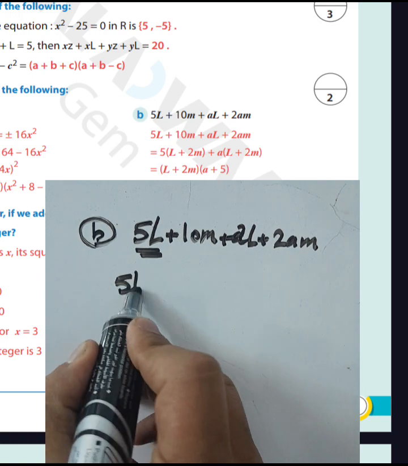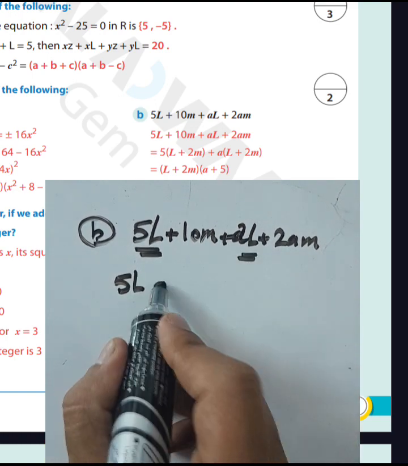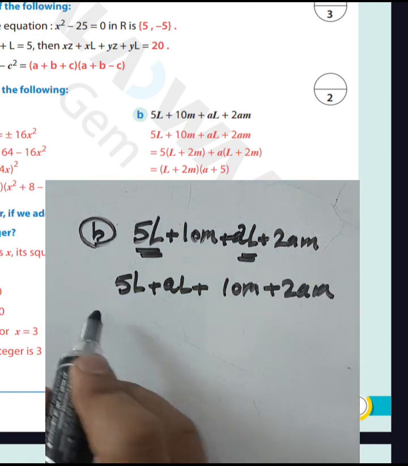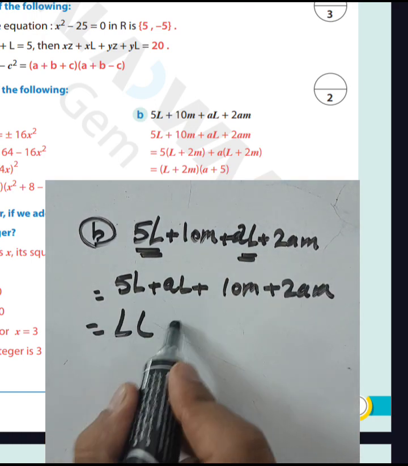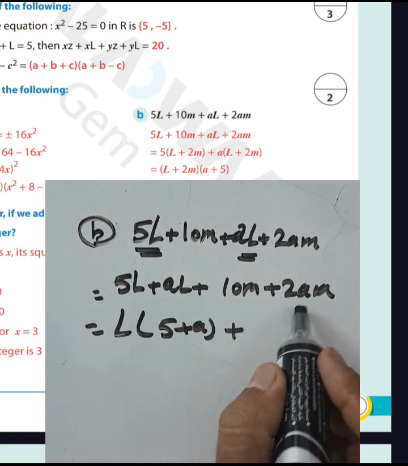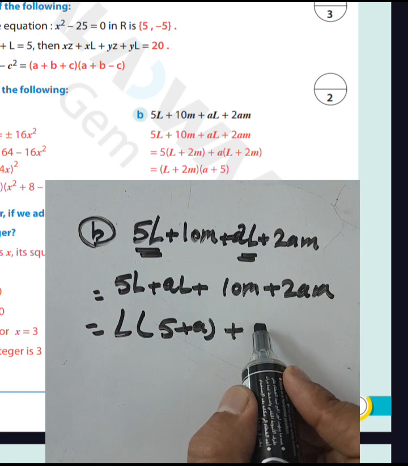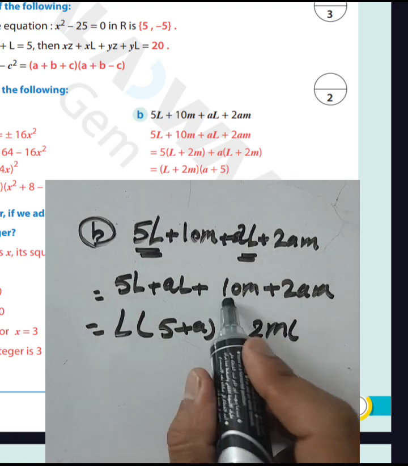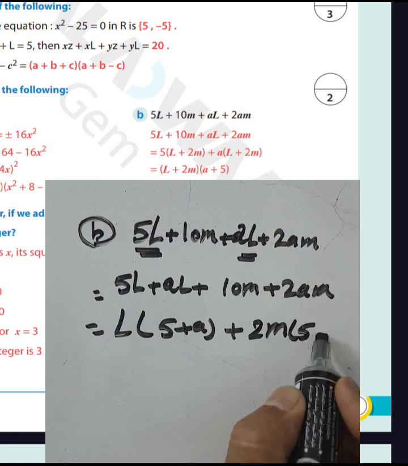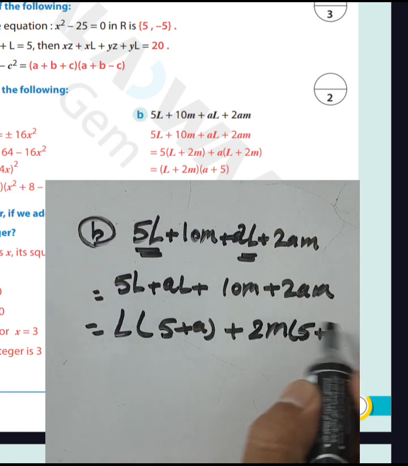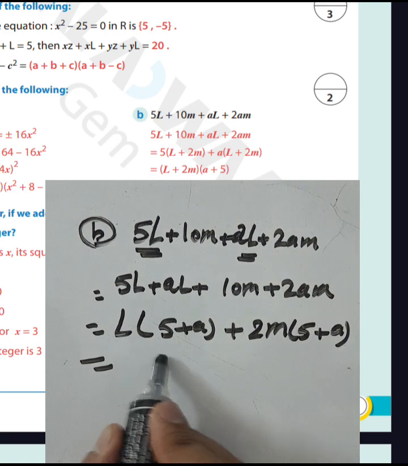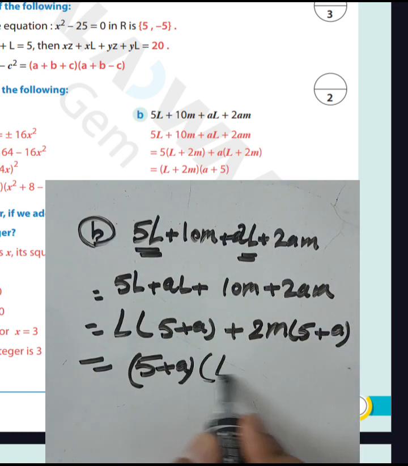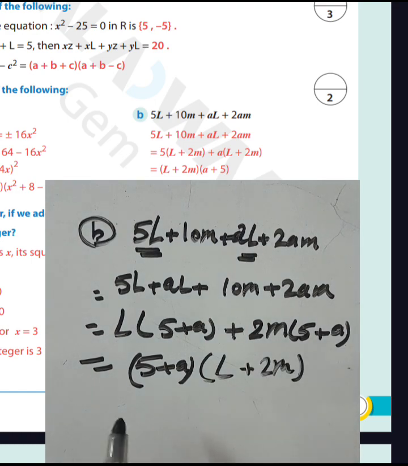Write 5l and al, and 10m plus 2am, and then you can write l as a common factor between the two terms, and here for 10m and 2am, write m and 2m is the common factor between them. 10m divided by 2m will be 5, and 2am divided by 2m will be a. Then we have 5 plus a as a common factor between two expressions. The remainder here will be l plus 2m.